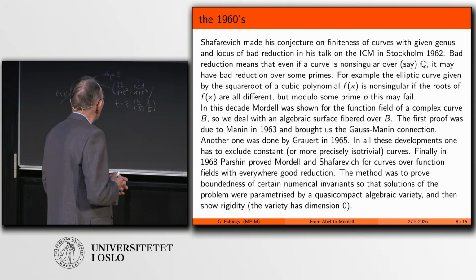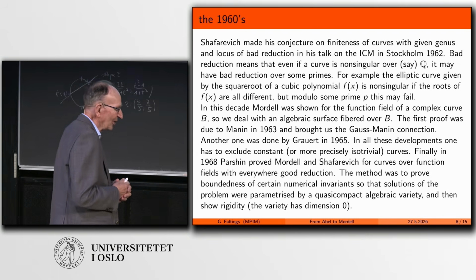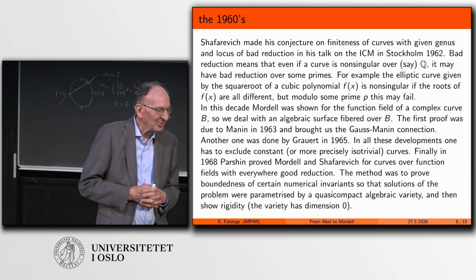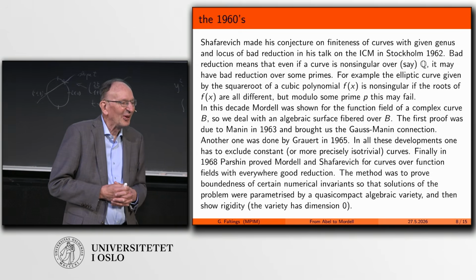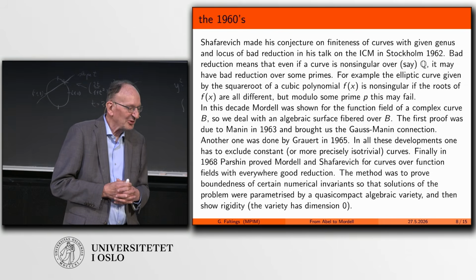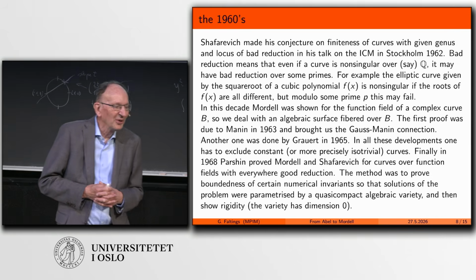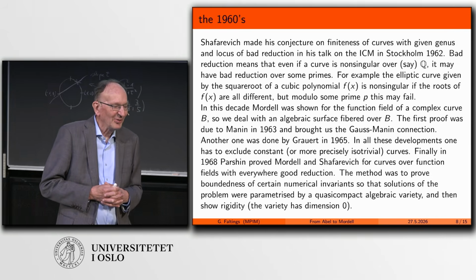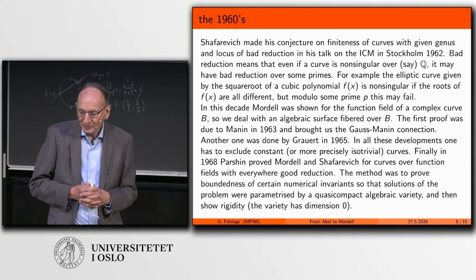Let's say you take y squared equals a polynomial, and in general this is nonsingular if the polynomial has no multiple roots. This is true over Q, let's say. But if you have integral coefficients and you reduce modulo a prime p, then it may happen that two roots start to coincide. This is called a point of bad reduction. It usually means that the prime p divides the discriminant, and there are only finitely many points of bad reduction.